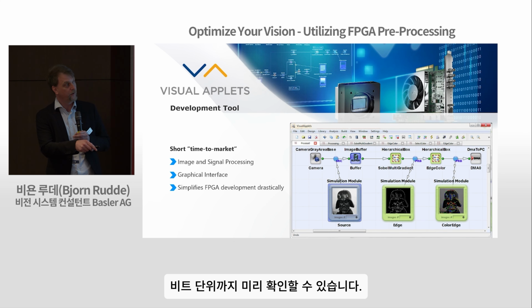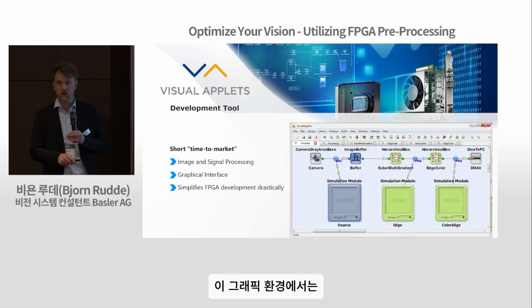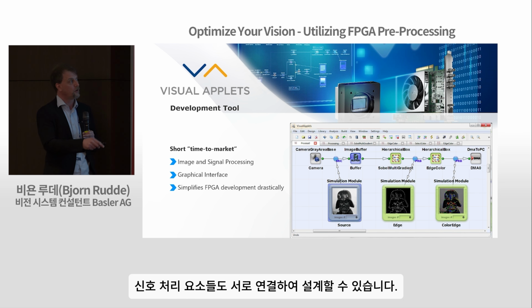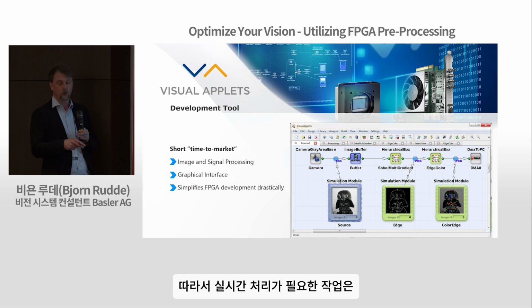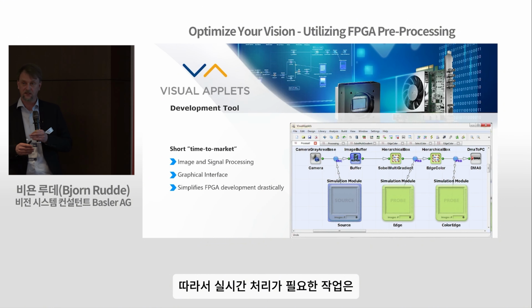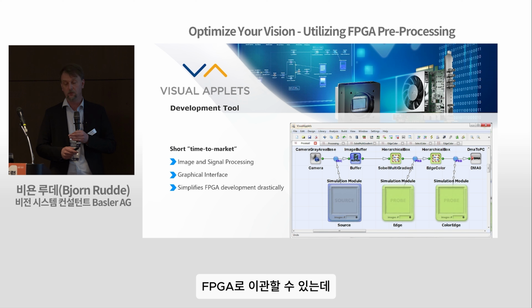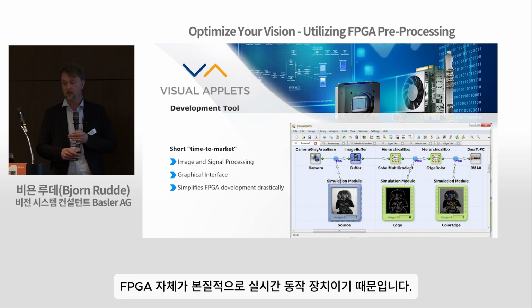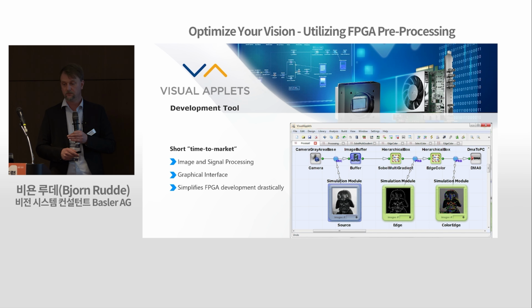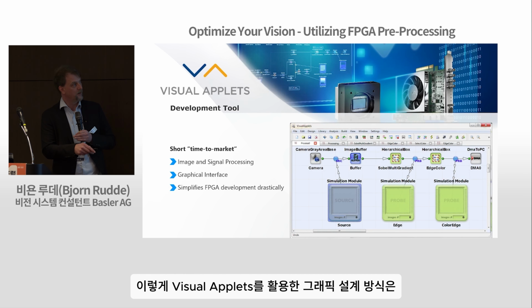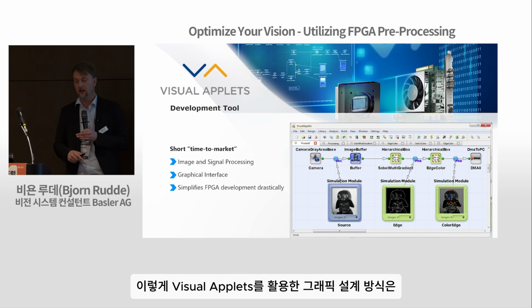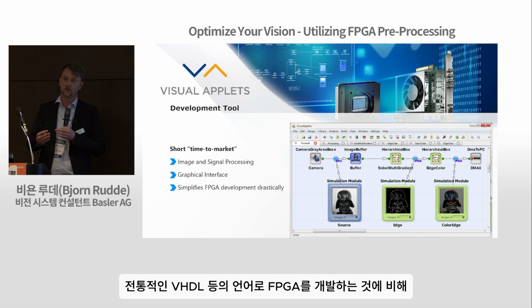And its graphical operators you can connect to each other. Next to image processing, you can also do signal processing. So when it's coming to real-time tasks, you can move these real-time tasks also into the FPGA because the FPGA is by nature a real-time device. And this graphical approach simplifies the FPGA development drastically.